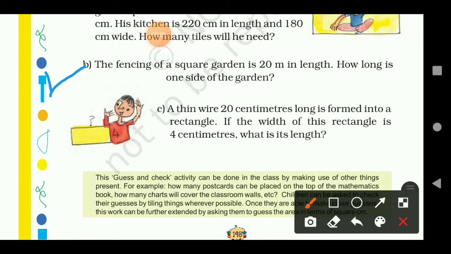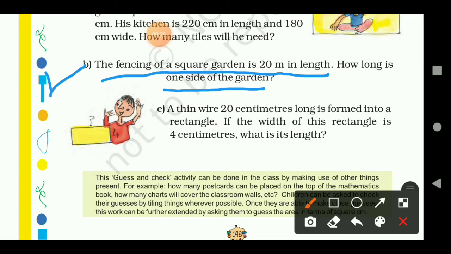Here question number B. The fencing of a square garden is 20 meter in length. How long is one side of the garden? Student, here the length of fencing of garden is equal to 20 meter. That is perimeter. We can say that length of the fencing is equal to perimeter of square grid.